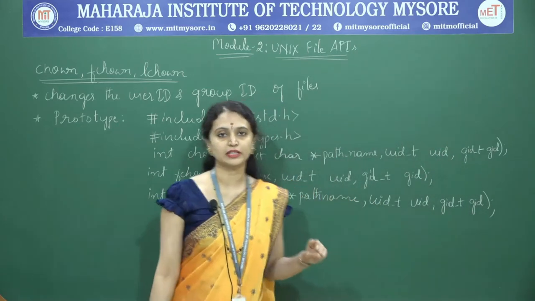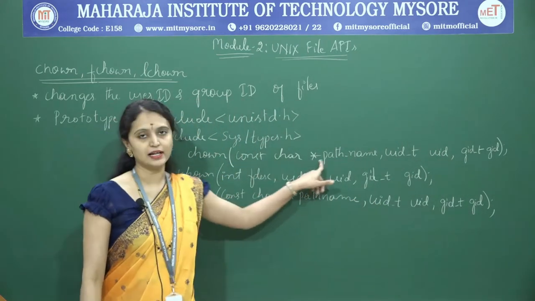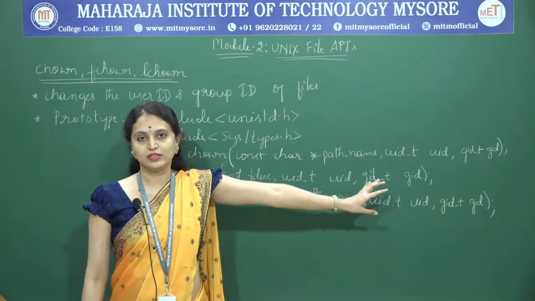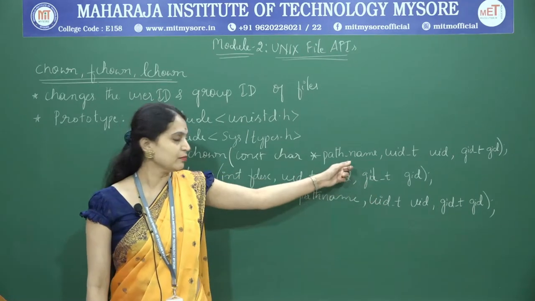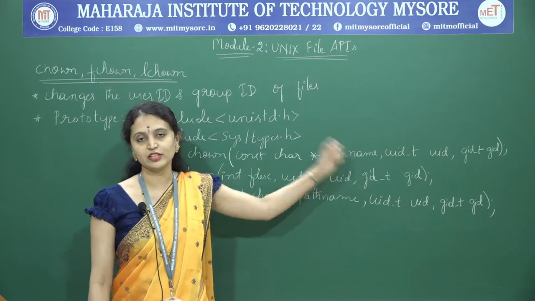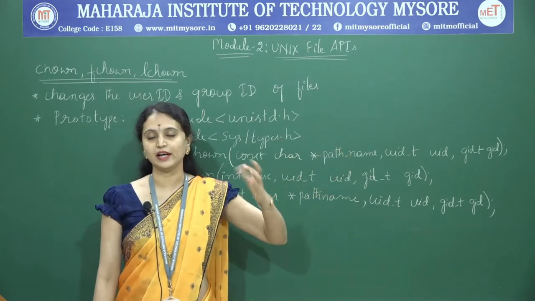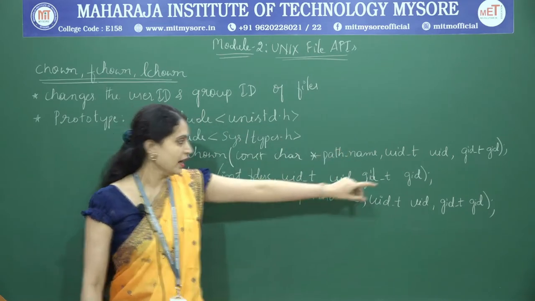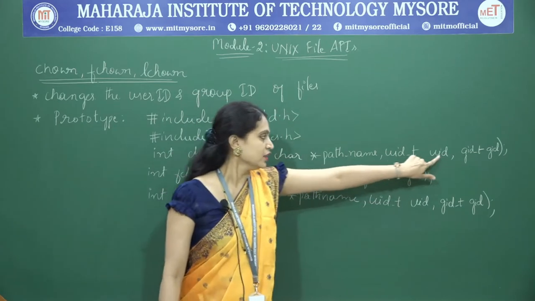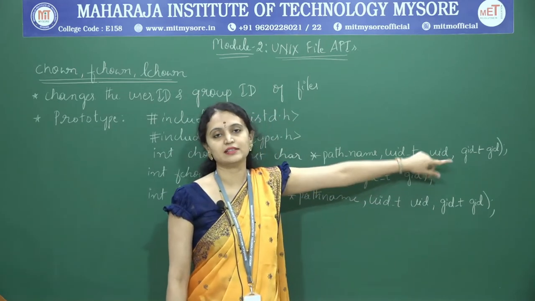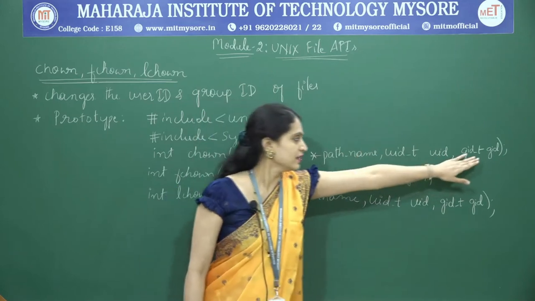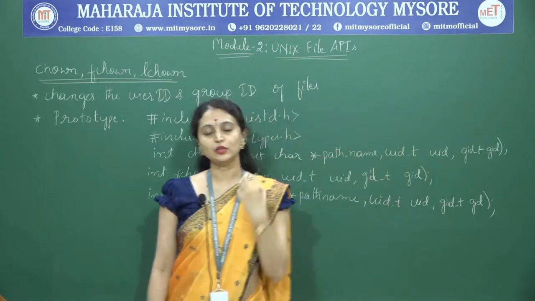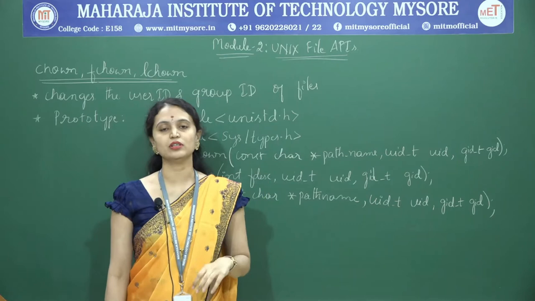The first argument is const char star pathname. This indicates the pathname of the file to which the user ID and group ID have to be changed. The second argument is the new user ID that has to be assigned to the file, and the third argument is the new group ID that has to be assigned to the file.